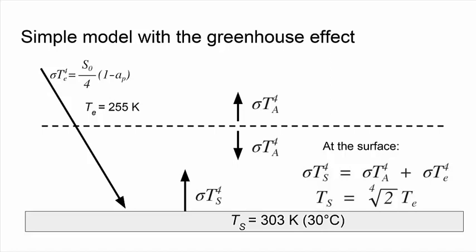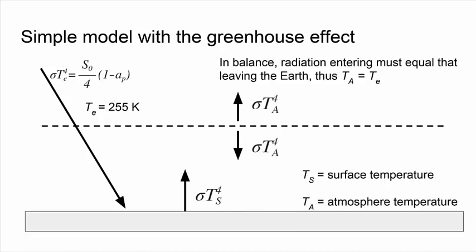But just to figure out what temperature the atmosphere should be at, we know that this value, as we found out before, was 255 Kelvin. So in balance, the radiation entering must be equal to the outgoing radiation. This means that the temperature of the atmosphere is now the effective or emission temperature of the planet.